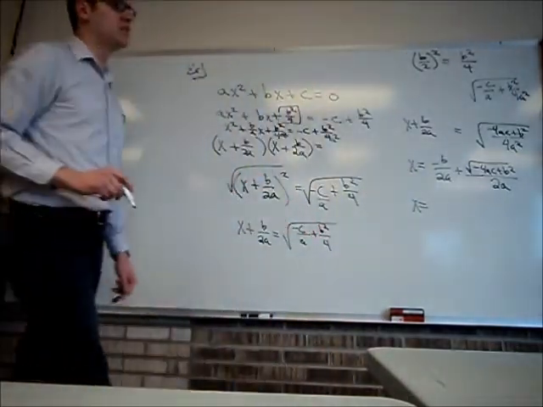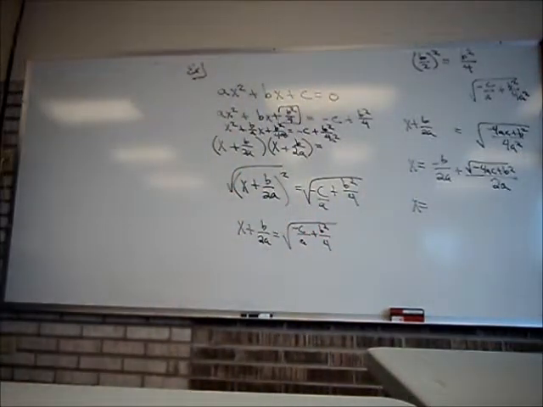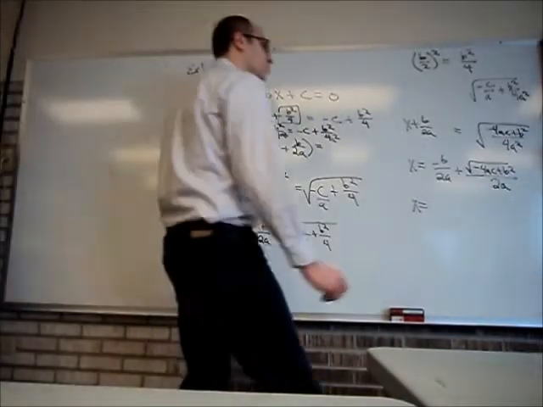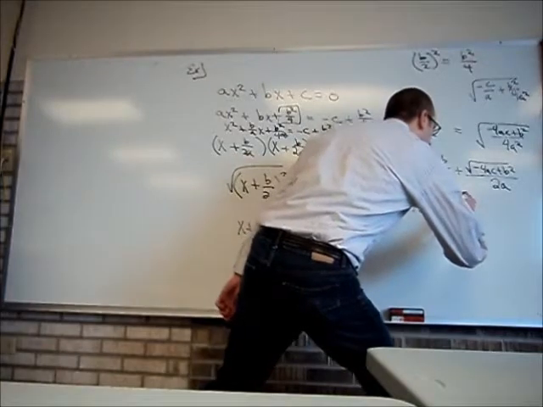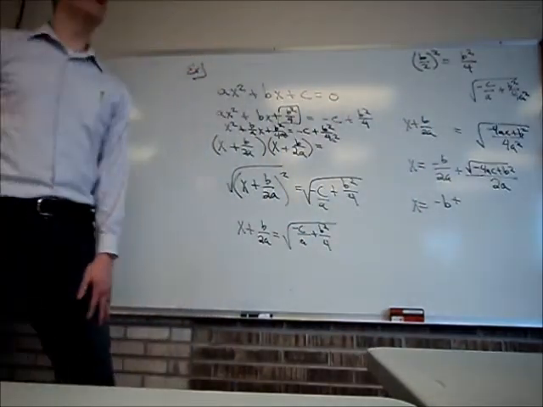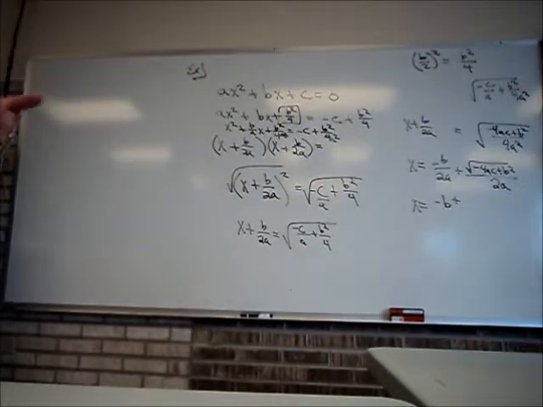And now we'll never have to do this again because we have got x by itself. X value is equal to minus b. When we take a square root, you actually need to look at the positive and the negative version.